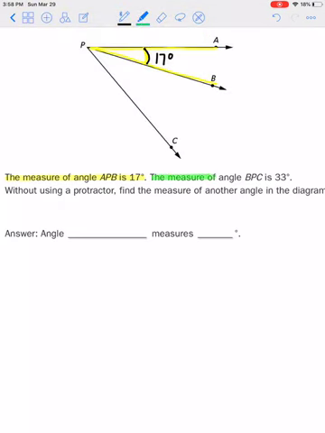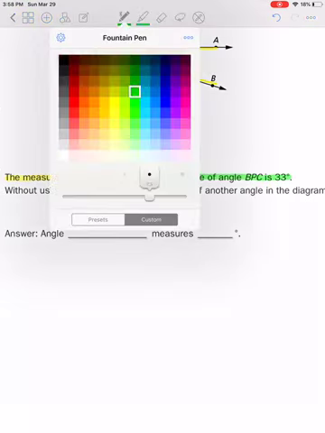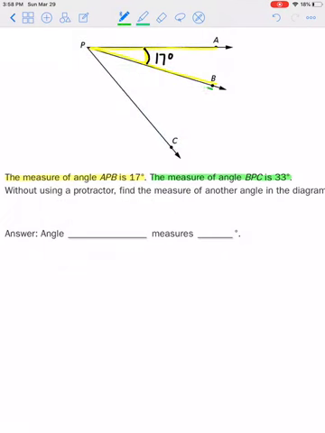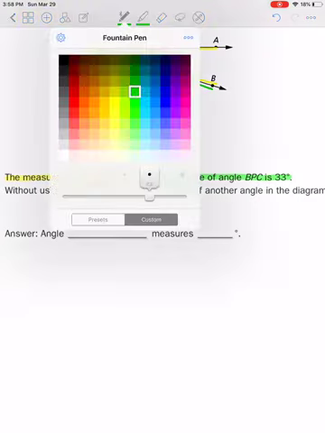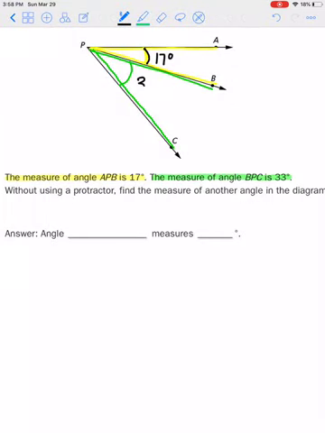Okay, the measure of angle BPC is 33 degrees. So now I'm going to get a green color. BPC. So from here to here is 33 degrees.